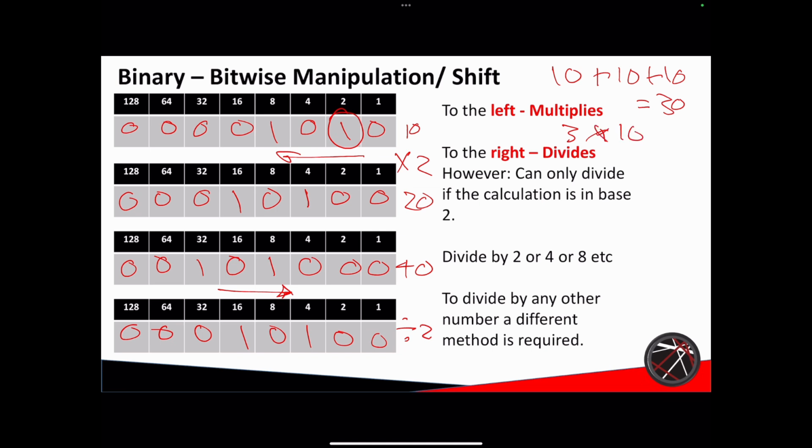In other words, if we have our original 10 and we have our 20 position, we can add that together. So if I just quickly do that, I've got 0, 1, 0, 1, 0, 1, 0, 1, 0, 0.